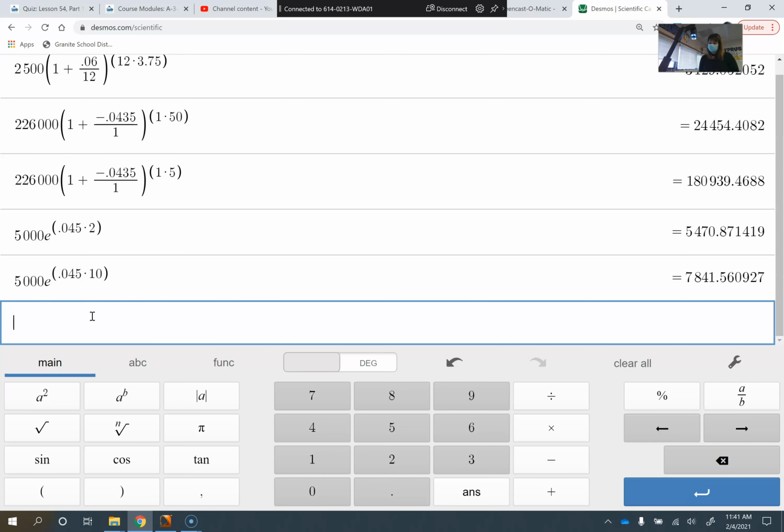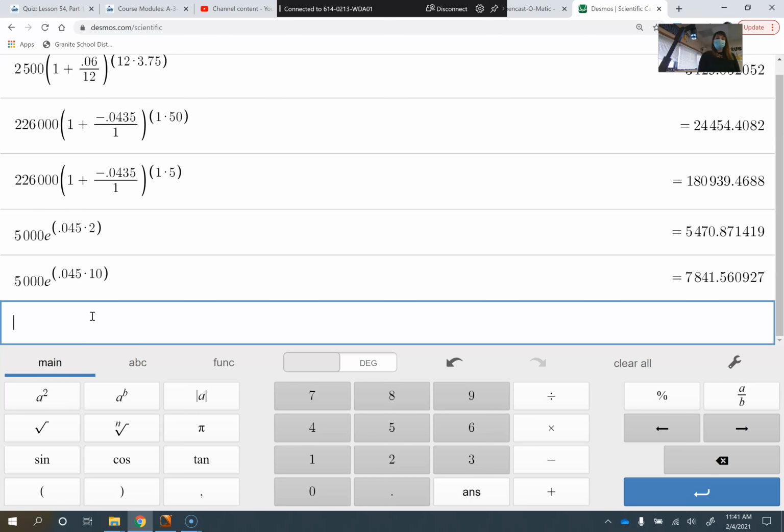So after 10 years, continuously gives you 7,842. And how I changed that was I copied this formula and plugged a 10 in instead.